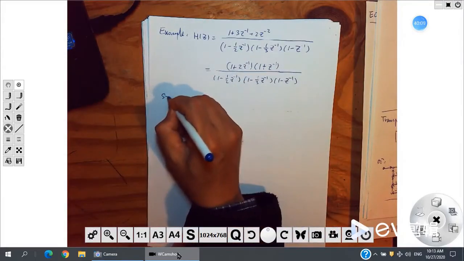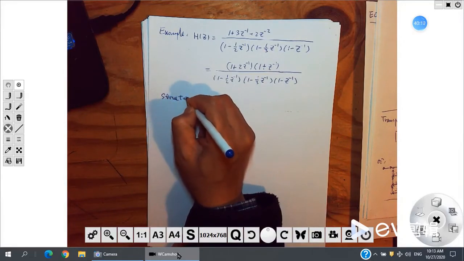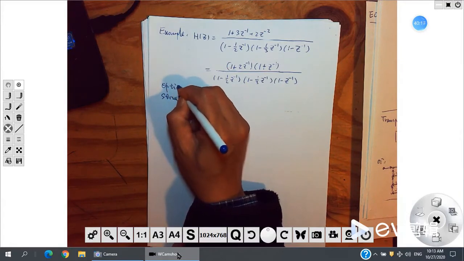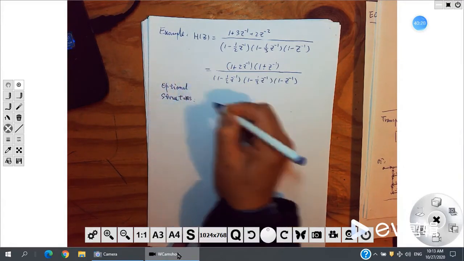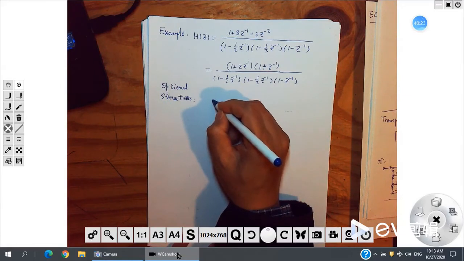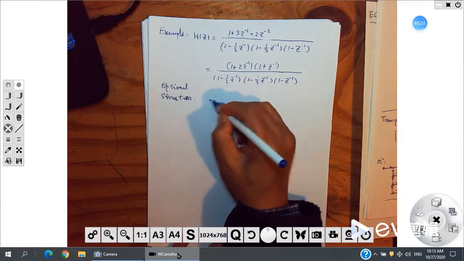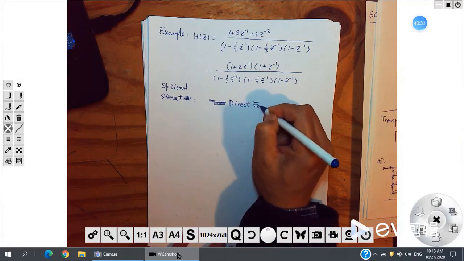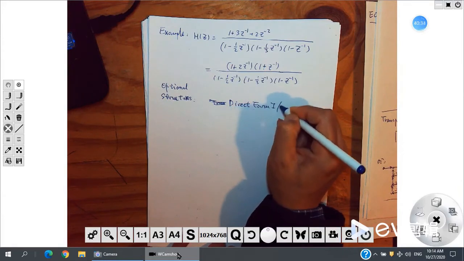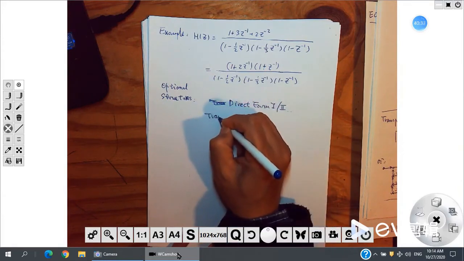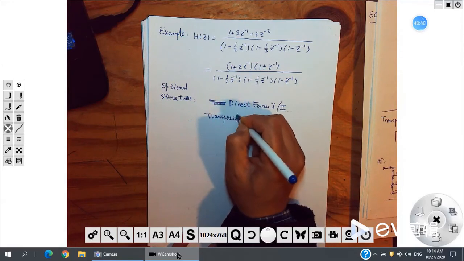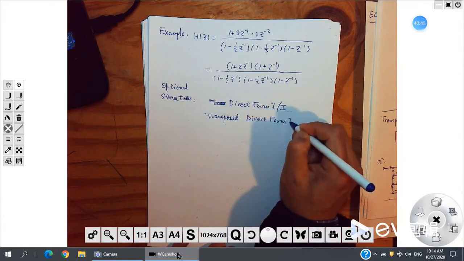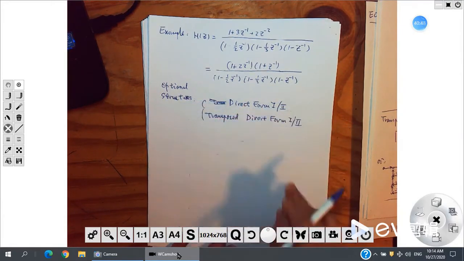So the structure options: we have the transpose, direct form 1 or 2, or transpose direct form 1 or 2, right?